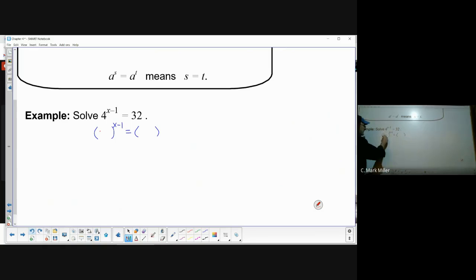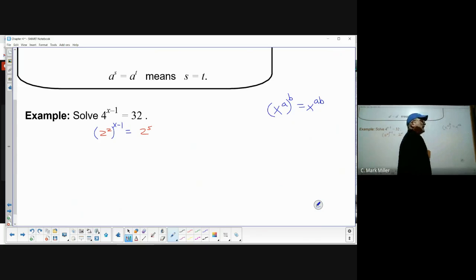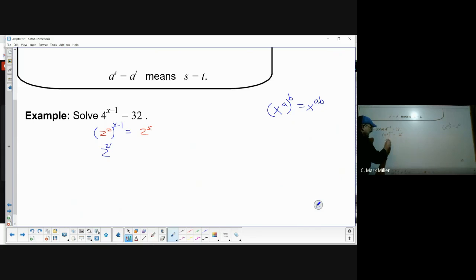So 4 is 2 to the 2, and 32 is 2 to the 5. I don't need those parentheses at all. We have a property of exponents that x to the a to the b is x to the a times b. So 2 to the 2 times x minus 1 equals 2 to the 5.